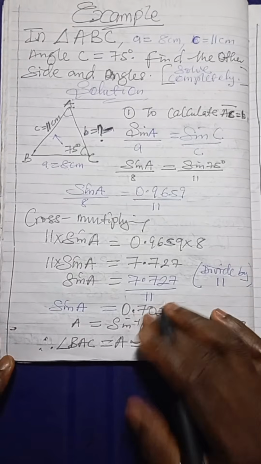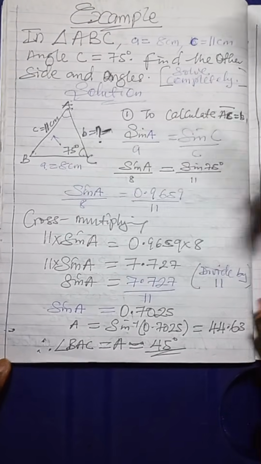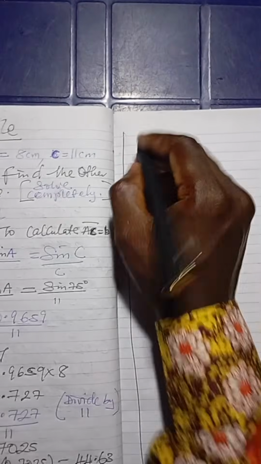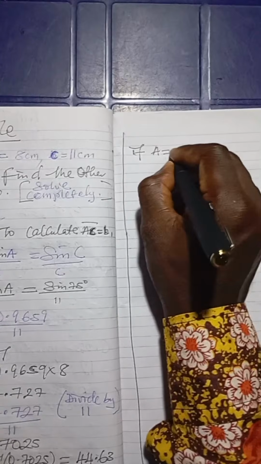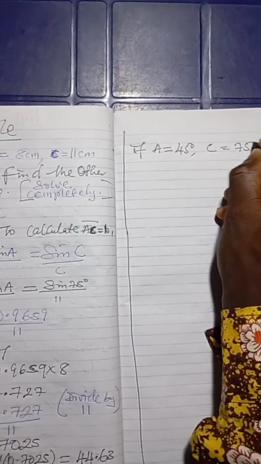So do you have any question here? If we have here as 45, here is 75, can we find the remaining angle? Yes. All right. So if A is equal to 45 degrees, then C is 75.